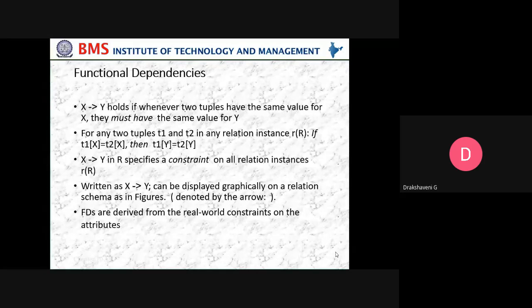In yesterday's class, we were seeing about functional dependencies. Suppose we take two columns, X is one column, Y is another column. If I consider X as your USN, and Y as your name, is the USN functionally dependent on the name? Yes.